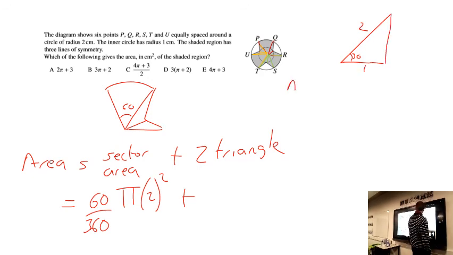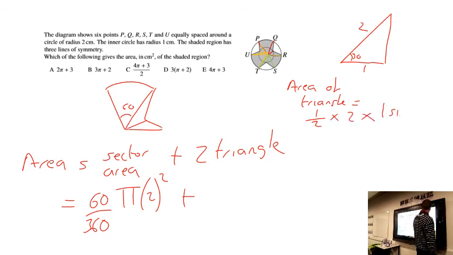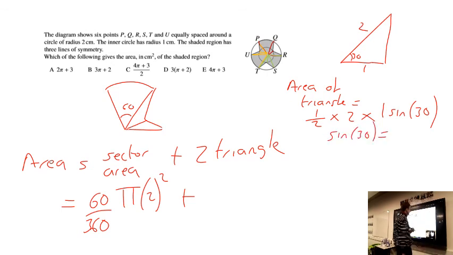Area of triangle is equal to half times the base. Base is 2, and the perpendicular height is 1 sine 30. Since 2 divided by 2 is equal to 1, this can be written as sine 30. And what does sine 30 equal? You know your triangles.